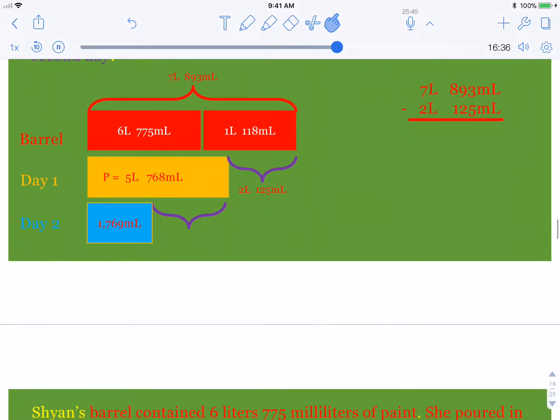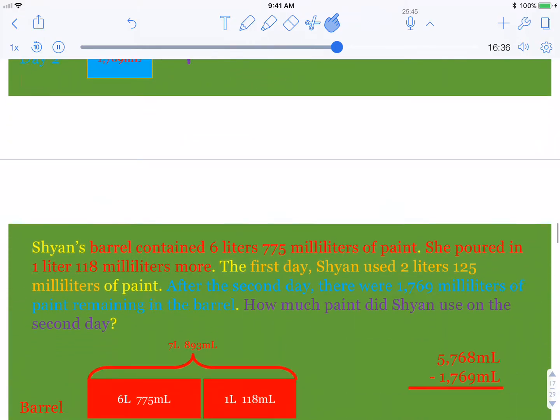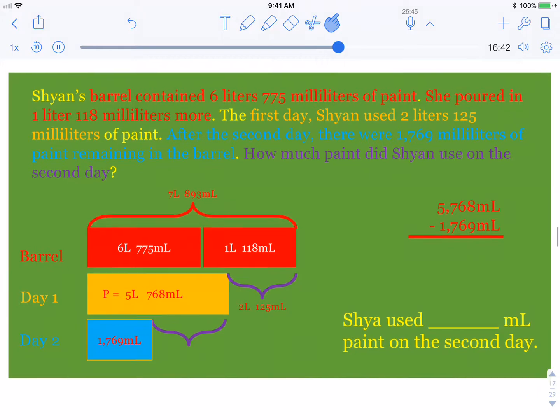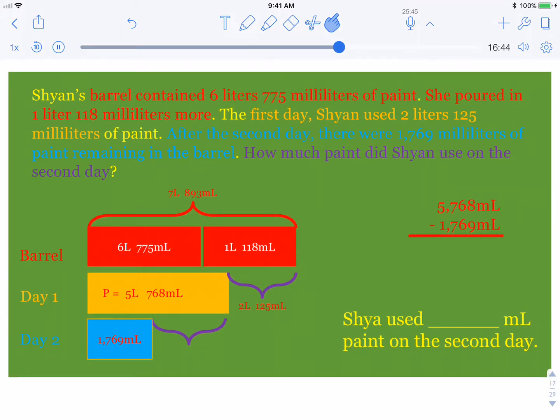So after the second day, all that's left in the bucket is 1,769 milliliters of paint. How much paint did she use on the second day? Well, for this, you have to find the difference. How much does it take to get from 1,769 milliliters to 5 liters, 768 milliliters?